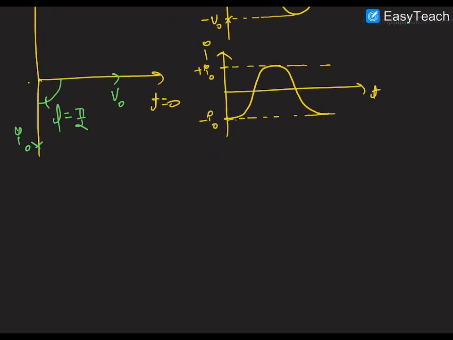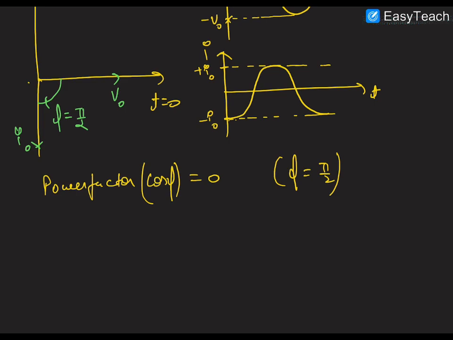Now, if we talk about the power and power factor. Power factor, as we know, is cos phi, and it would be 0 here because phi is pi by 2.